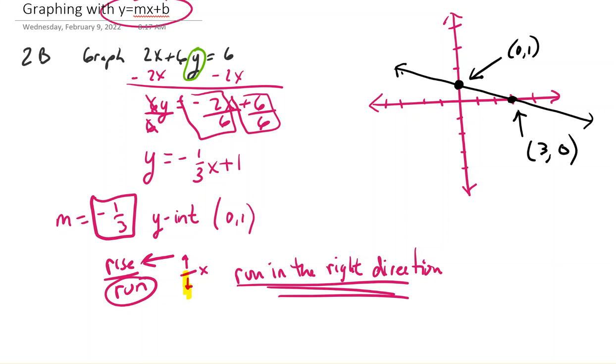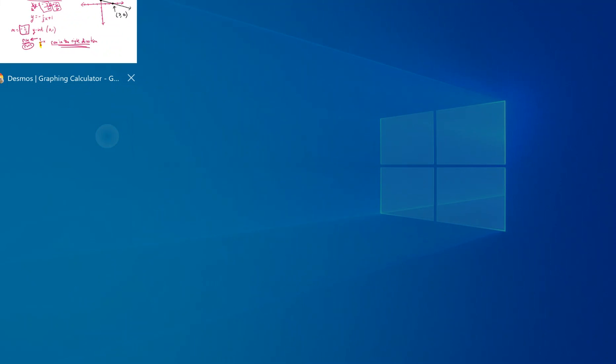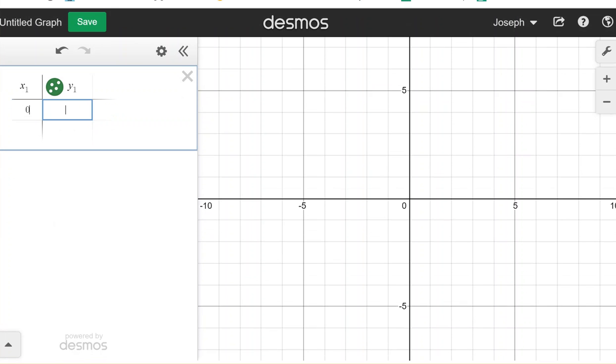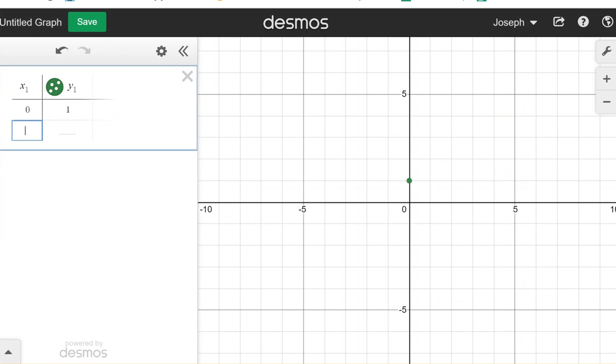Okay, so now we're ready for Desmos. I hope this works. Let's see. I'm going to go to Desmos. Okay, and I'm ready to start with my table. I found that I had 2 ordered pairs: 0, 1, and 3, 0.